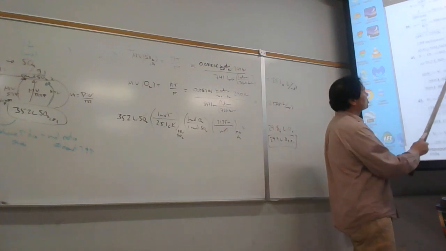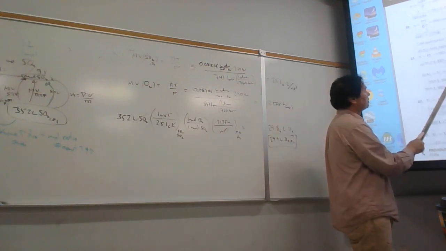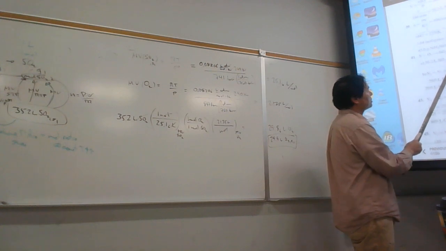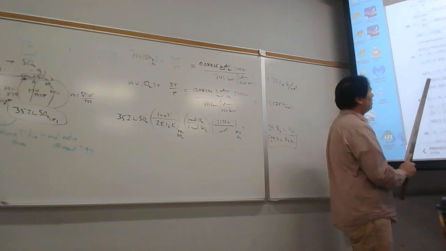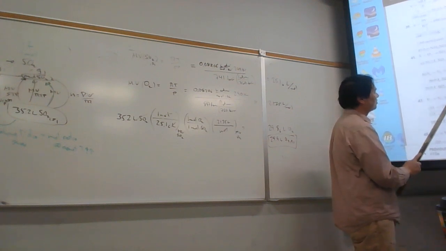Okay, so A is just a direct liter-to-liter conversion. The liter ratio is the same as the mole ratio for gases if there's no change in temperature and pressure. That's A. B, there was a change in temperature and pressure.